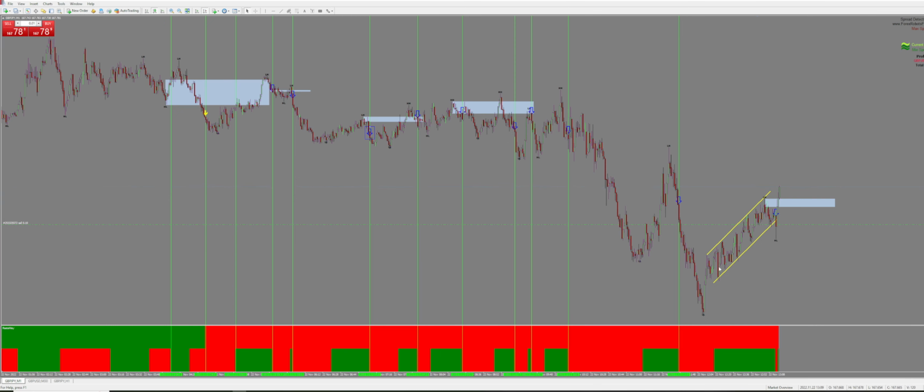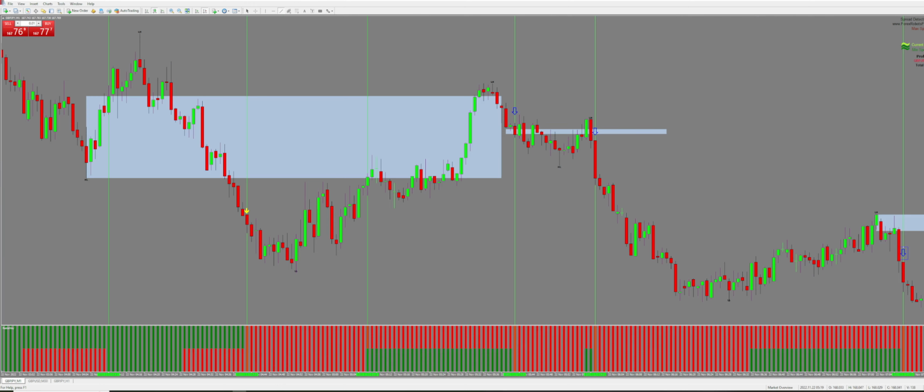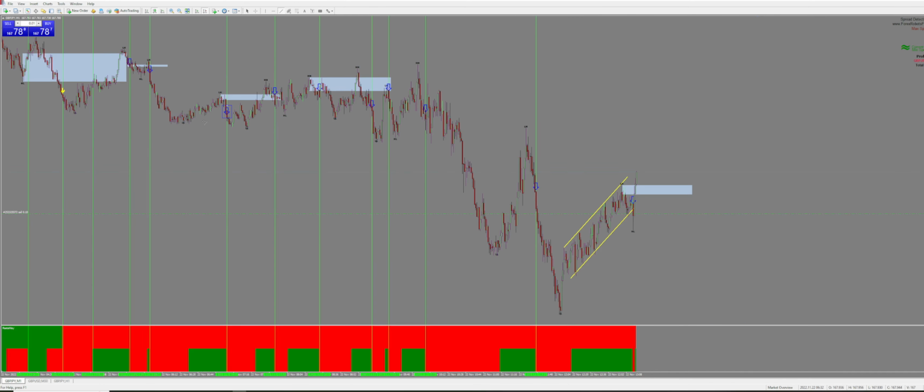So clearly this means we are in a push to the upside. This is what it means. It means we are retracing. As much as these minor retraces are telling us that we are done, we are in a push like that.